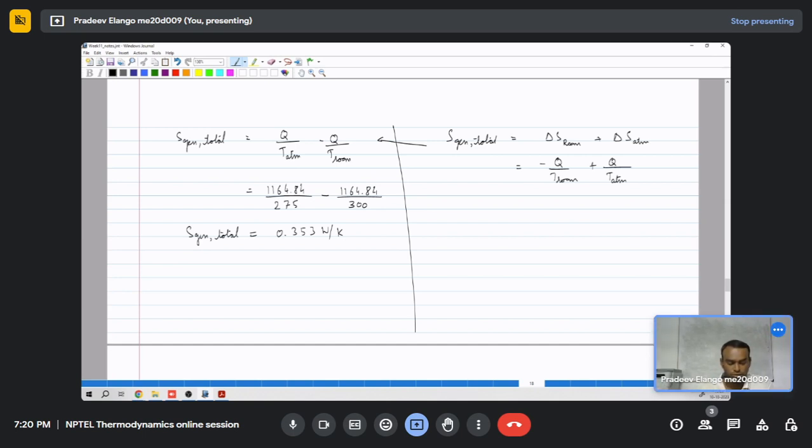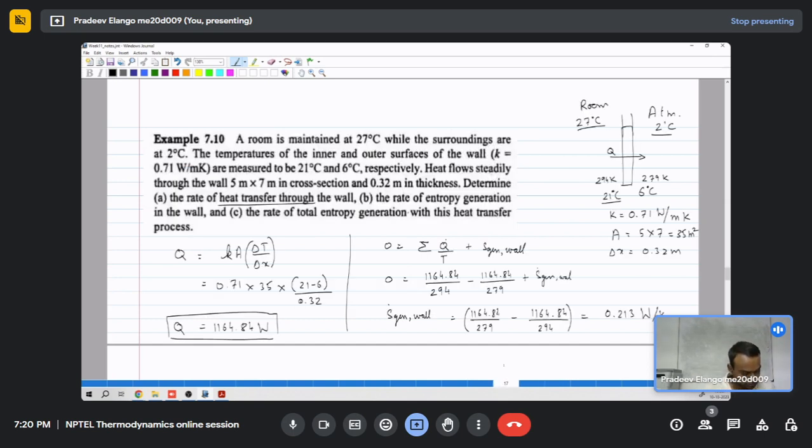Okay, sir. This is similar to the previous cases. So as far as the wall is considered, only the wall is considered.